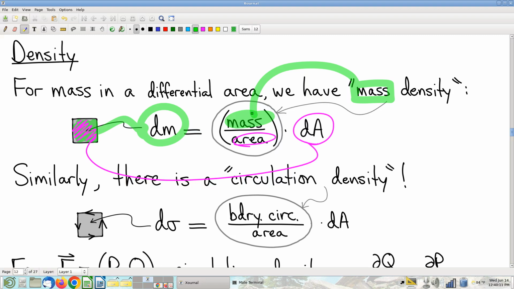So now, just following that linguistic pattern of how we're using the words, we can just as well talk about this different accumulating quantity called circulation. Again, that's an accumulating quantity. I can talk about how much boundary circulation there is in that piece.